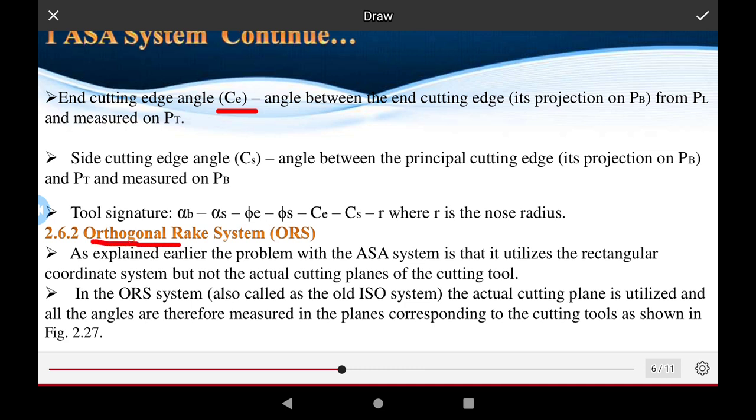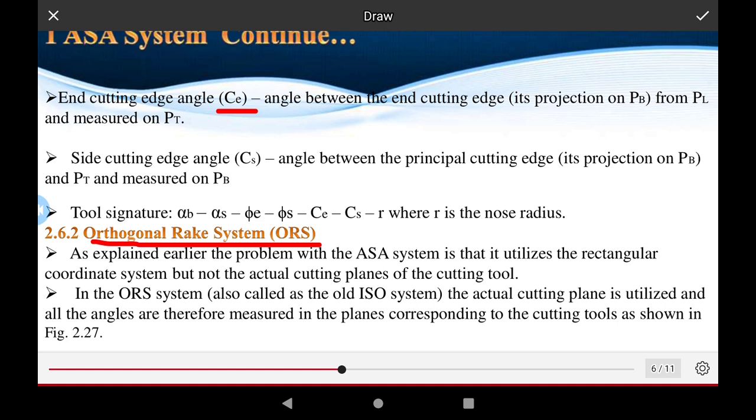This is also a standard system. The problem with the American Standard Association system is that it utilizes a rectangular coordinate system but not the actual cutting plane of the cutting tool.